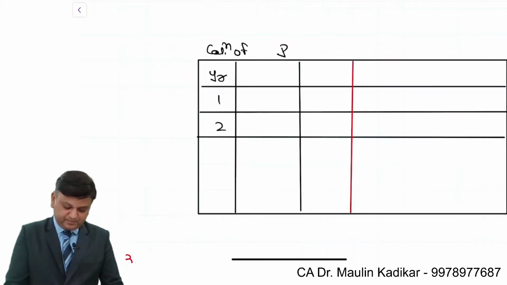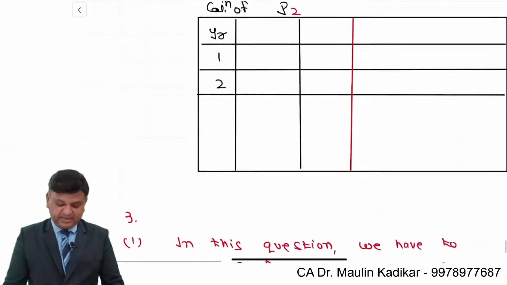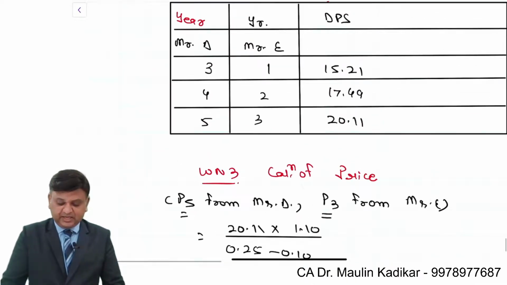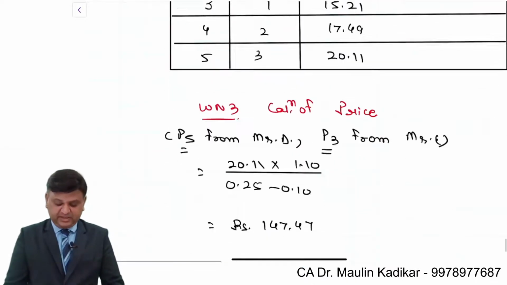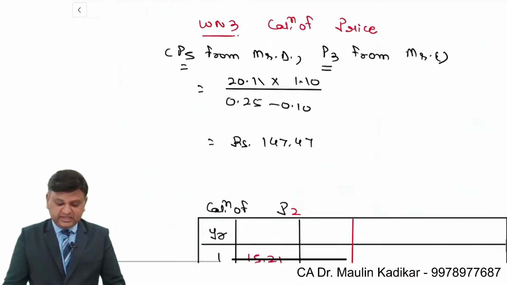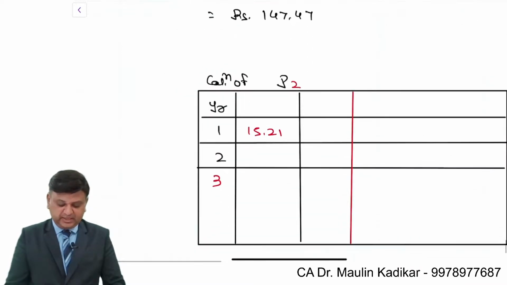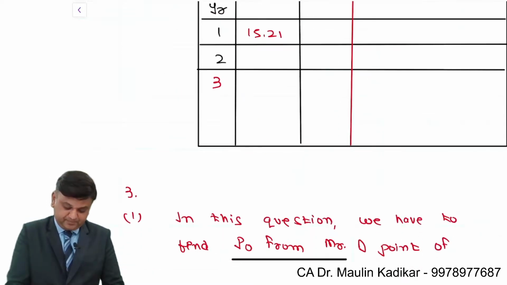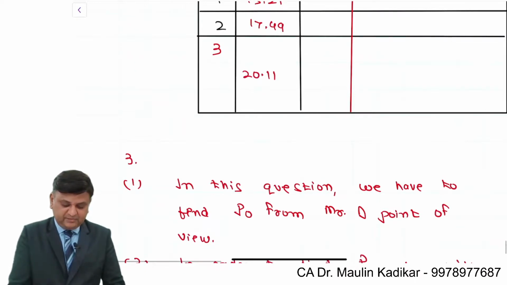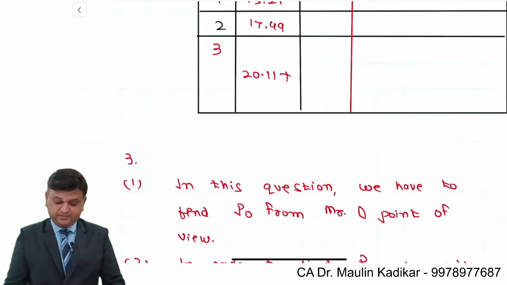Calculation of P2. How will it be made? Year 1, year 2 and year 3. Mr. E is going to receive 15.21 in the first year, 17.49 in his second year, and 20.11 in his third year.